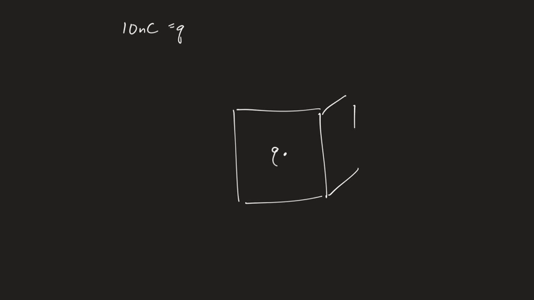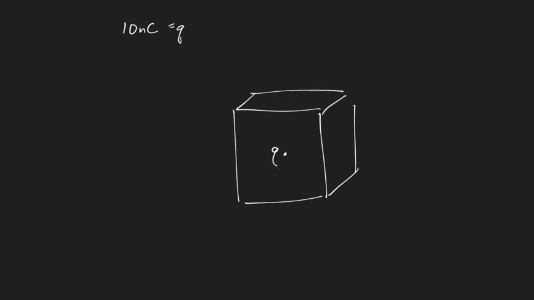It says a 10 nanocoulomb charge. So here's our cube, centered inside a cube of 20 by 20 by 20? Or 2 by 2 by 2. So there's a cube here. And that charge is centered inside the cube, 2 by 2 by 2.